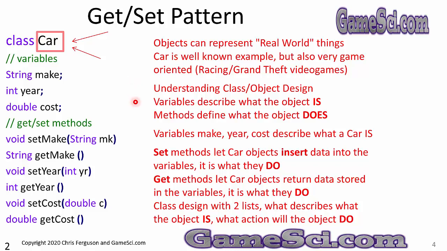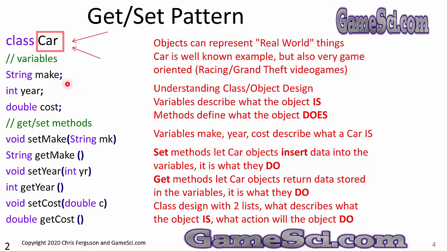Variables are the things that describe what the object is. What the variables of an object should be is that key information that describes what we're building, that real world object. Now cars have a make, they have a year, they have a cost. That is the critical information that defines what a car object is. That's what the variables should be. Quite often when I see beginner programming, they'll put variables in here like int temp.